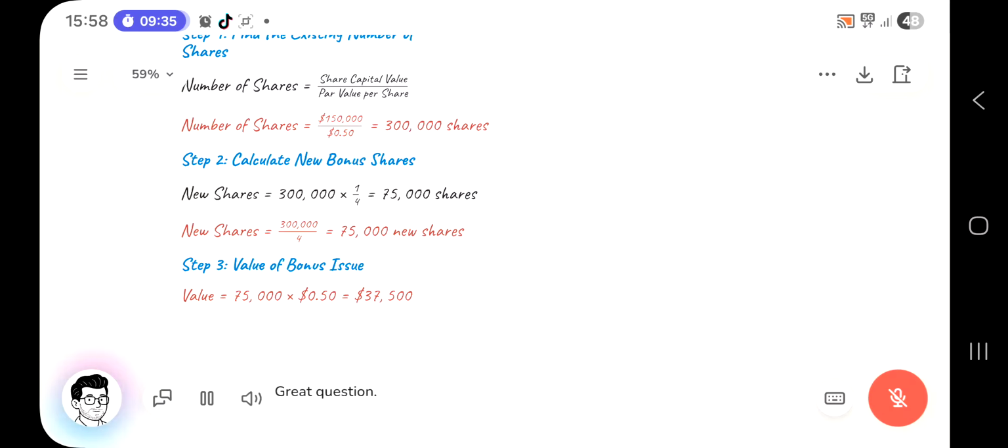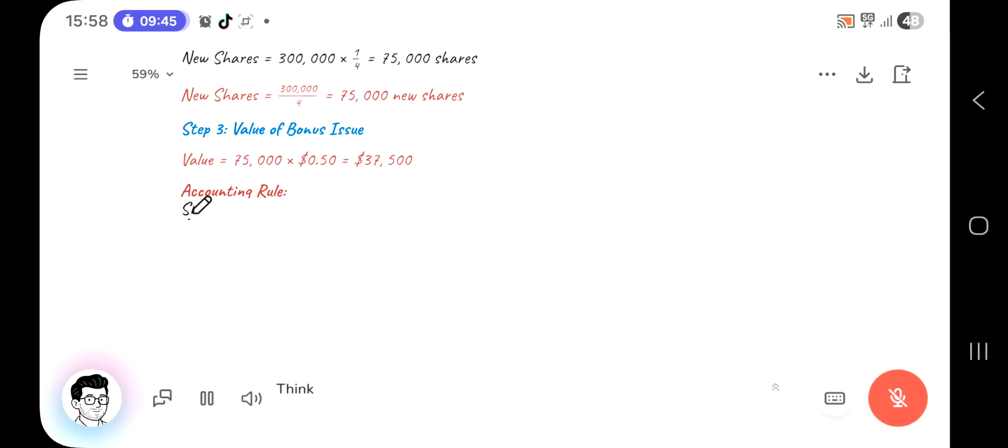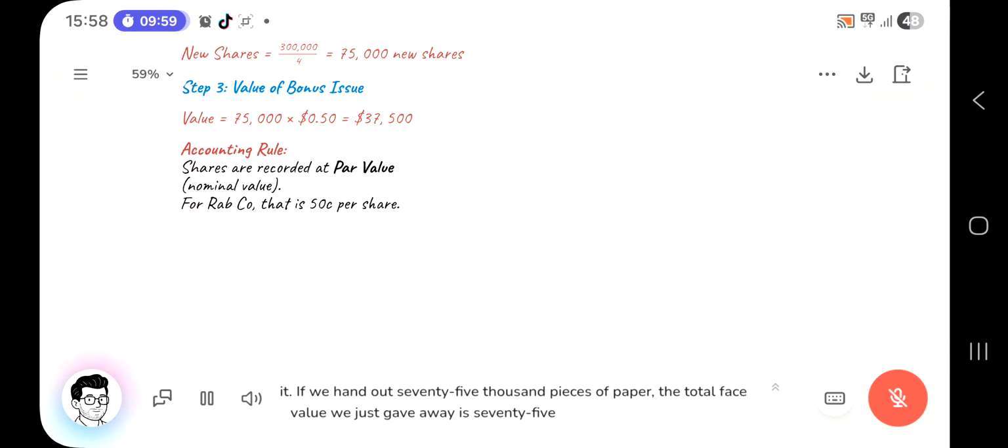Great question. In accounting, when we issue shares, we have to record them at their nominal or par value on the balance sheet. Think of it like this. Each share is a piece of paper that says 50 cents on it. If we hand out 75,000 pieces of paper, the total face value we just gave away is 75,000 times 50 cents.